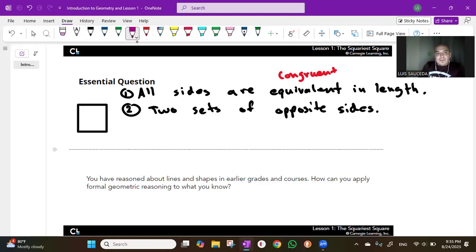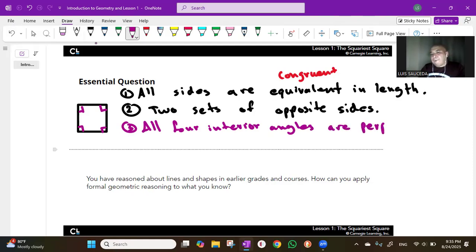So you may notice this little square, right? They're not perfect squares, but it's something we use. So we know that all four interior angles inside the square are perpendicular.